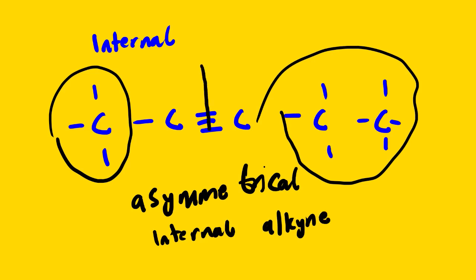If we can cleave here, you'll see that this part will not be the same as this one. And then another type of an internal alkyne, you can see this one that both sides are actually identical. This is a symmetrical internal alkyne.